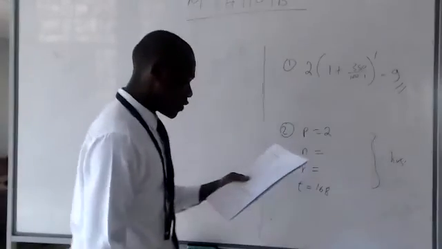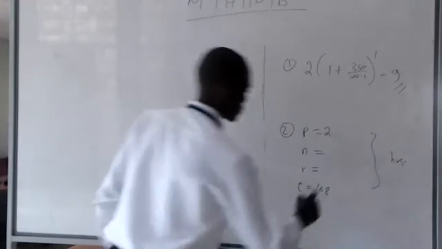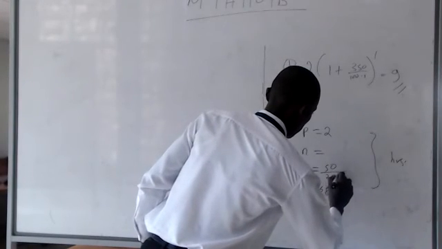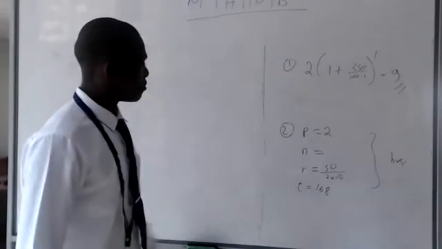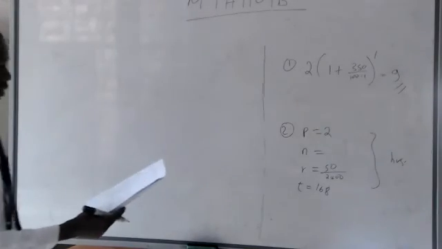We have that the rate is 50% per day. So convert that to per hour. There are 24 hours in one day. So in 1 hour, it will be 50 divided by 2400.